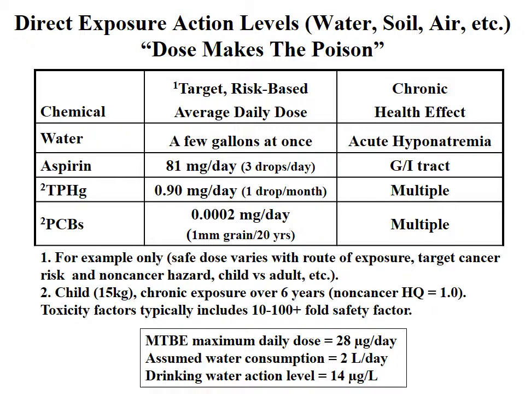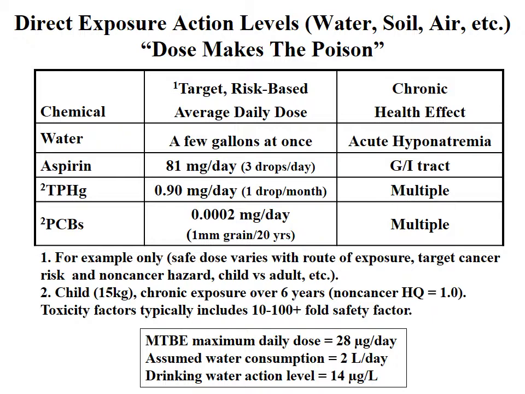How about aspirin? Aspirin is more toxic than water. If you look on the bottles of mini-tab aspirins, these tiny aspirin tablets intended to be taken every day, you'll see they contain 81 milligrams of aspirin. Somewhere there are detailed toxicity studies that demonstrate that 81 milligrams of aspirin a day taken by an adult, roughly equal to, say, 3 drops, won't pose gastrointestinal tract problems.